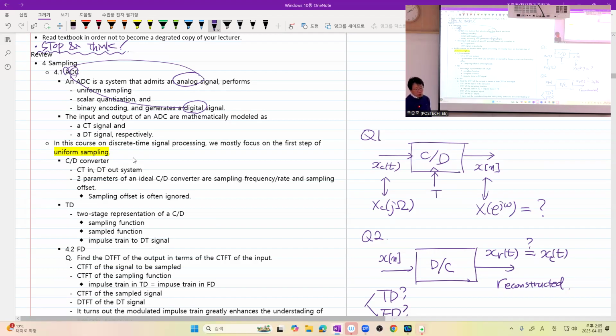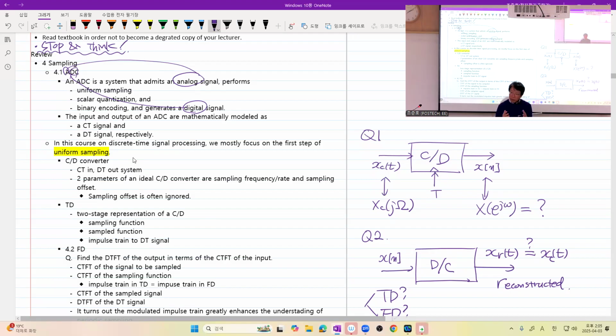Got it? So we introduce mathematical models.